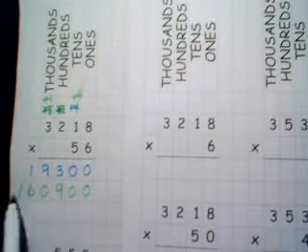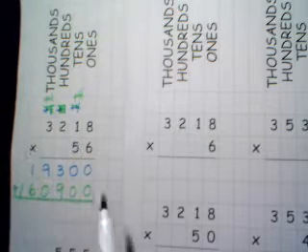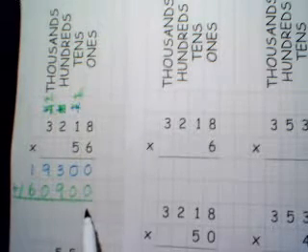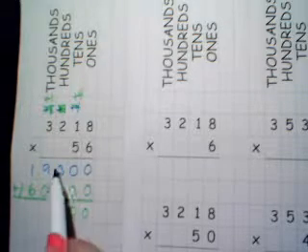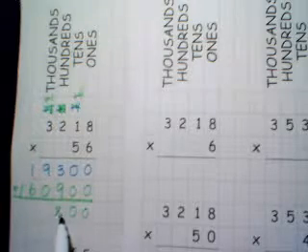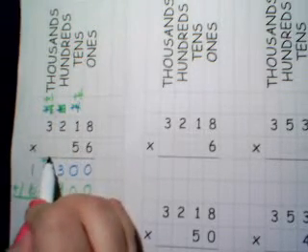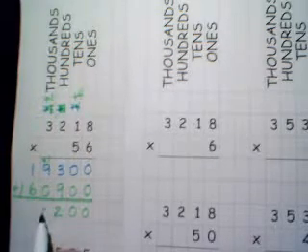So we're going to add these together. 8 plus 0 is 8. 0 plus 0 is 0. 3 plus 9 is 12. So we're going to put our 2 there and our plus 1 up here. 9 plus 1 is 10.